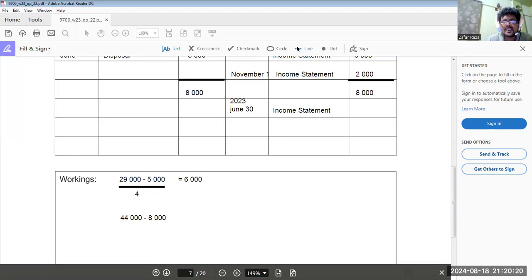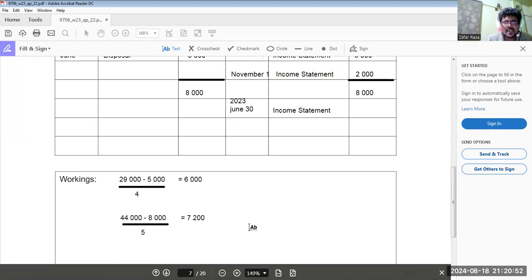Okay. Life in years. How much? 5. So the answer would be 44,000 minus 8,000 divided by 5. 7,200 depreciation per annum. Getting my point clear?